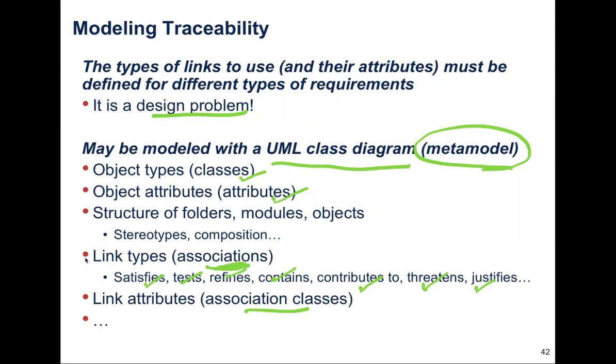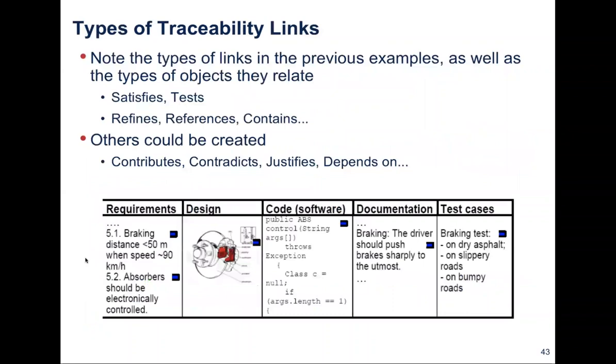So what are the main types of traceability links that we might see? We might see different types, as I said before, related to dependency. We might see specified by, we might see inheritance relationships. We might see a requirement that contributes to other requirements. This requirement contradicts this requirement. This requirement justifies this requirement, or of course the depends on relationship. So the types of traceability links that we might extract between requirements actually help in identifying conflicts between requirements.